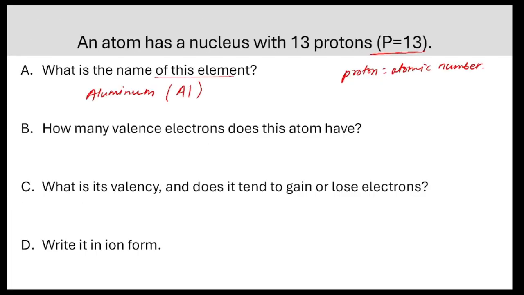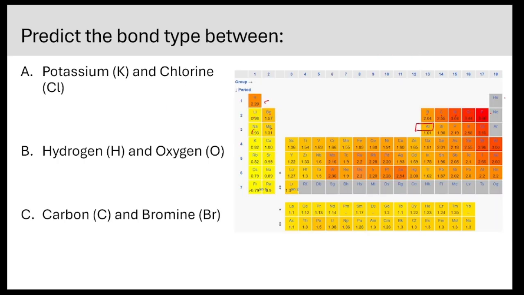And then the second question is, how many valence electrons does this atom have? We can find out the valence electrons using the group number.